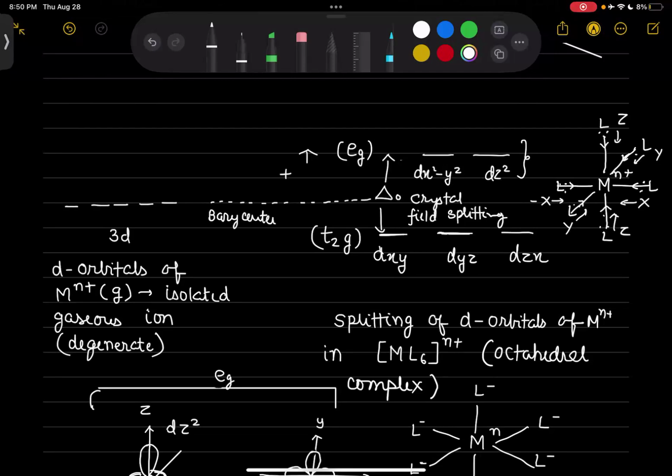And these 2 d orbitals have 3 by 5 of delta O, the 3 by 5 is the part which is higher than the average.